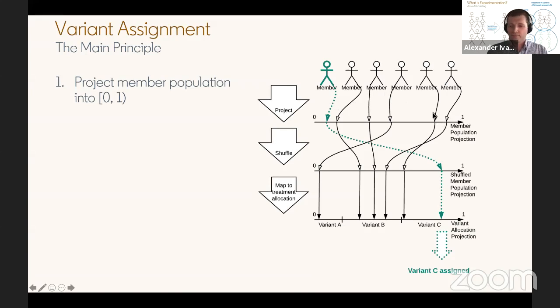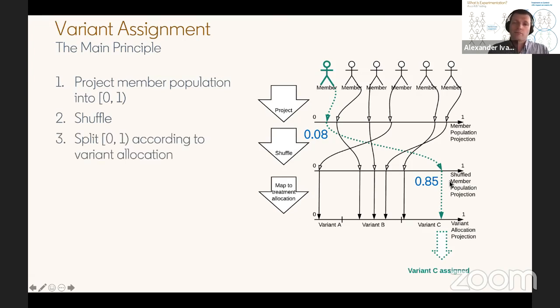And let's say the green member here is projected into a point with coordinates 0.08. And the second operation to do is to shuffle the member population along the same interval. And this member gets shuffled into a point with coordinates 0.85.